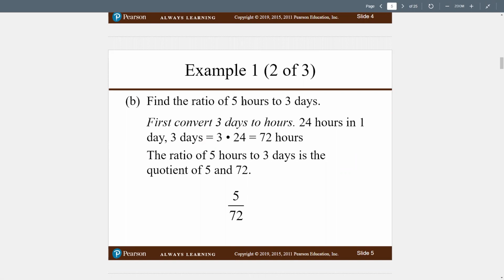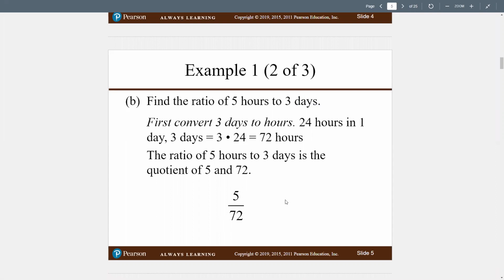Now, some students might say, well, why can't I just change my hours to days? You could if these hours were more than 1 day. Right now, with it being a 5, you would have to tell me that it would be 5/24 day. And that makes it a fraction.